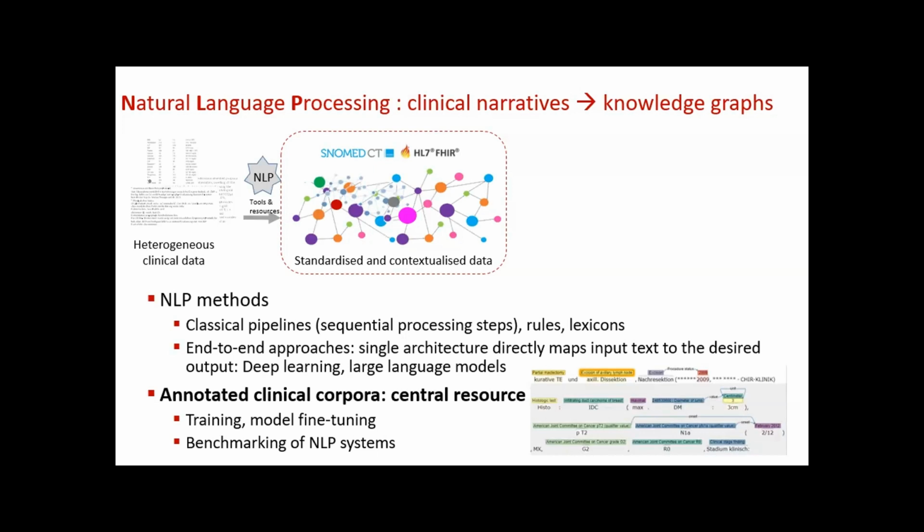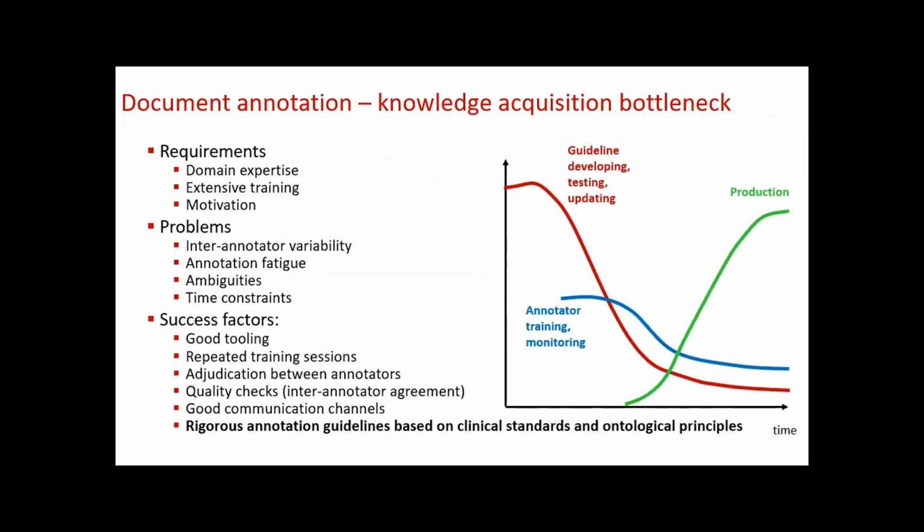These texts can then be used on the one hand for training language models and for fine-tuning language models, but on the other hand, they are also very necessary in order to benchmark NLP systems. But document annotation, especially if it has to fulfill these goals, is really not trivial because it requires domain expertise and extensive training of human annotators.